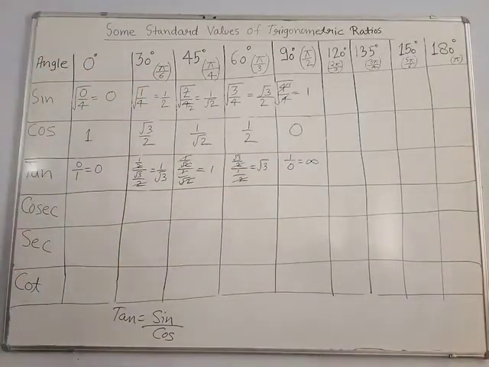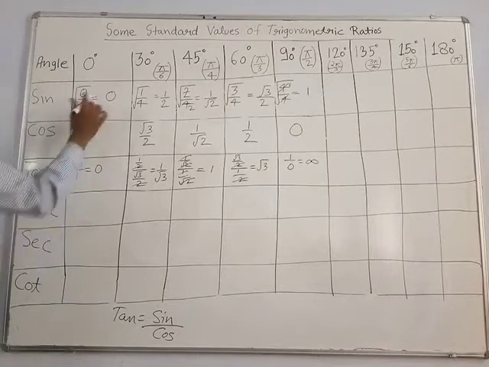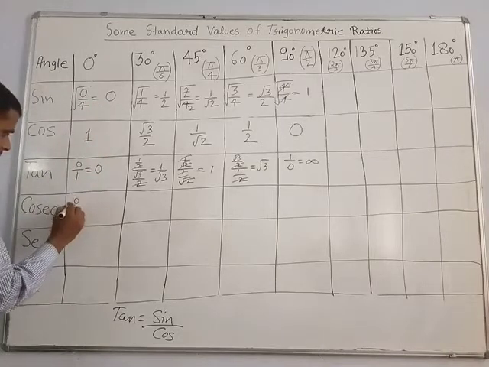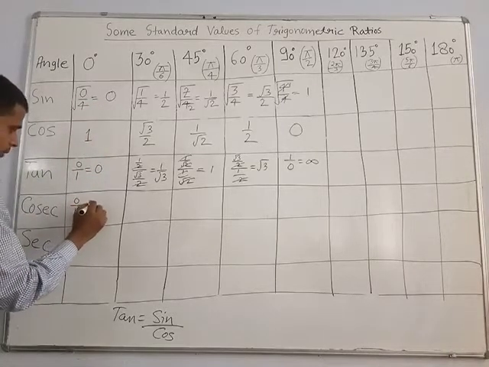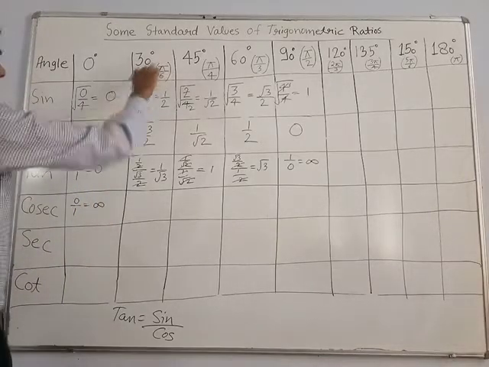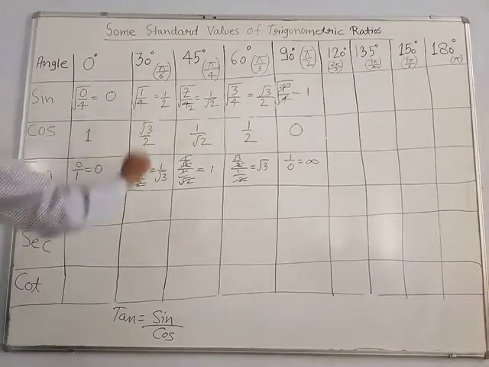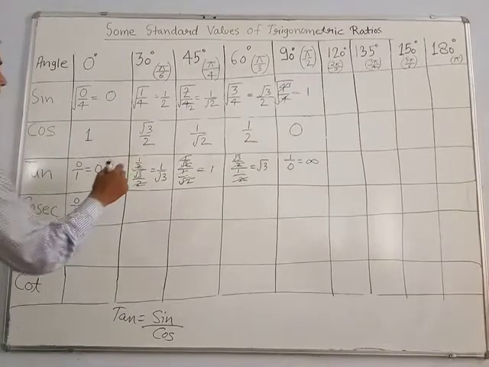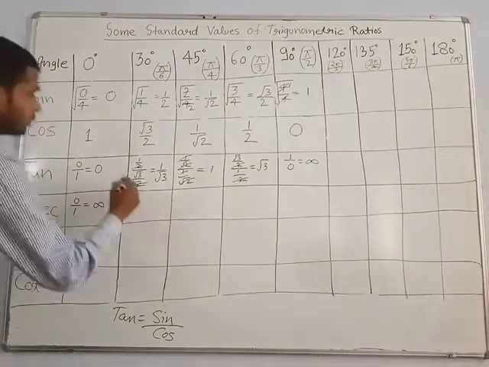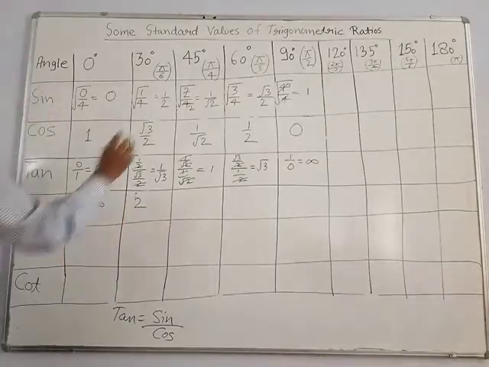Then cosec is the reciprocal of sin. So cosec 0 is 1 upon 0, that is infinity, right? Then cosec 30, reciprocal of sin 30, 1 upon 2, so that is 2.